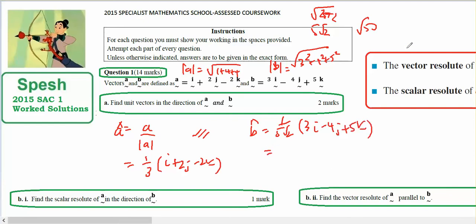That would simplify to 1 over 5 root 2 times root 2 on root 2, which would be root 2 on 10. So root 2 on 10 times 3i minus 4j plus 5k.